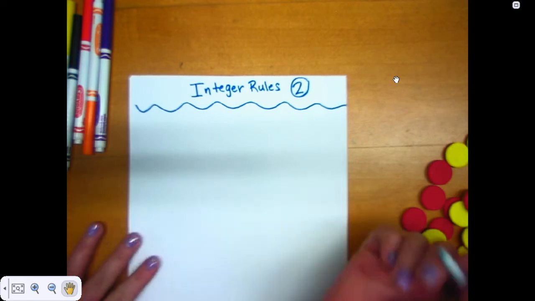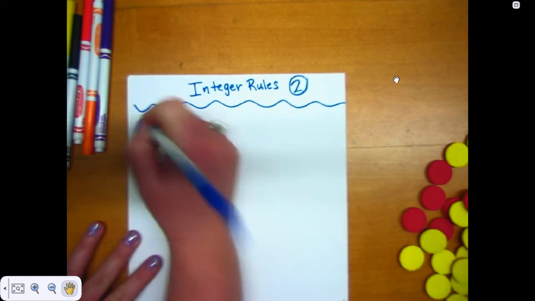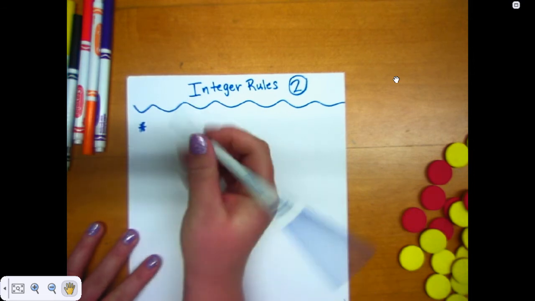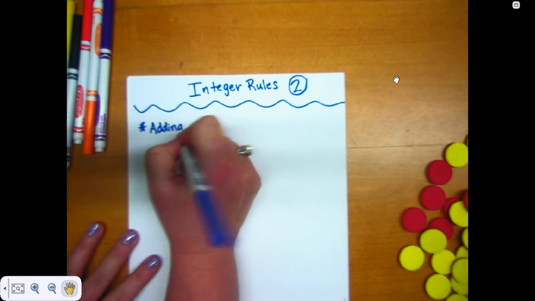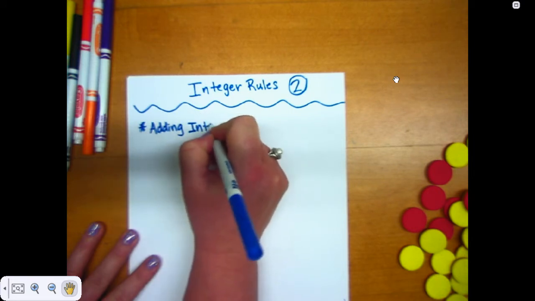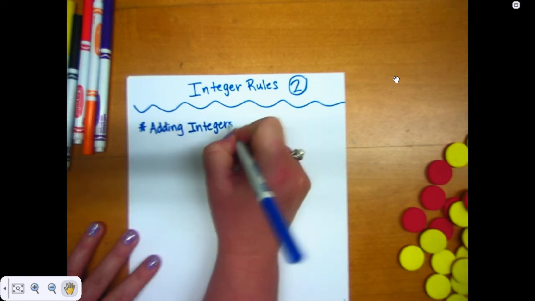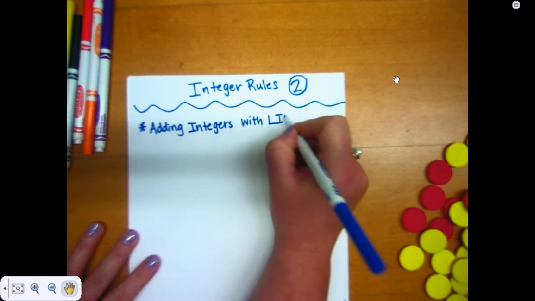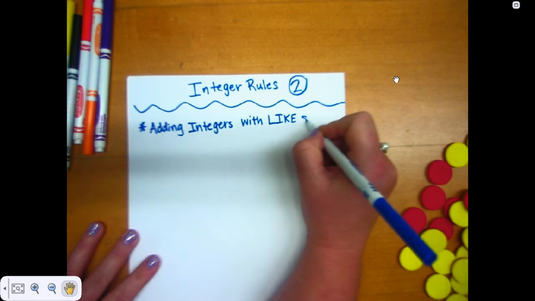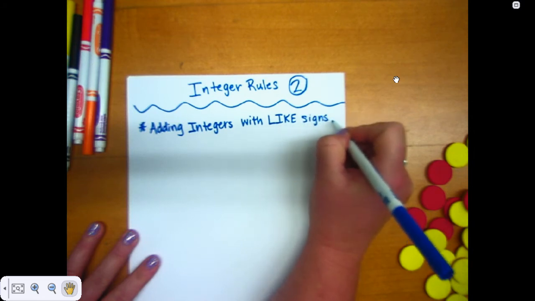So we have integer rules. The first thing we talked about was adding integers with like signs. And I'm going to put like in big letters because that's very important.